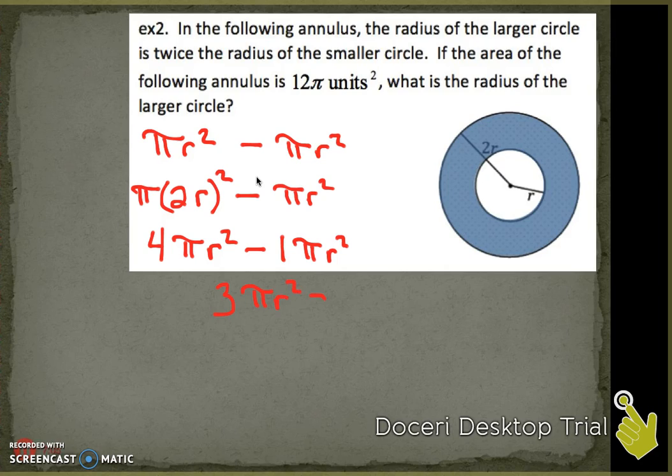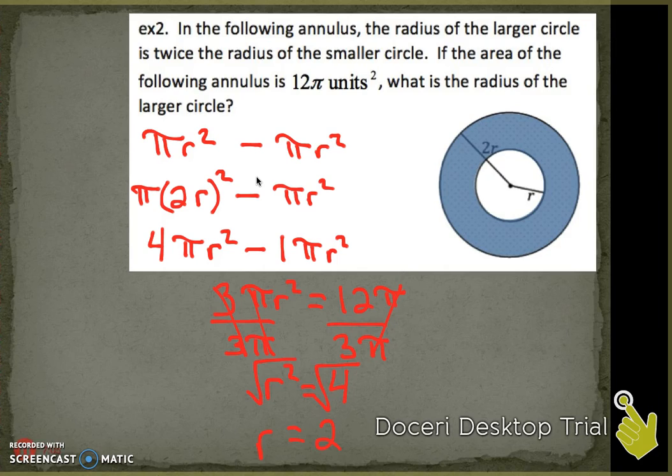And I know that this is equal to 12 pi, because in the problem we have 12 pi units as the area. So what I can do is divide by 3 pi. My pi's will cancel, and I'll have r squared equals 4, and I can take the square root to get r equal to 2.